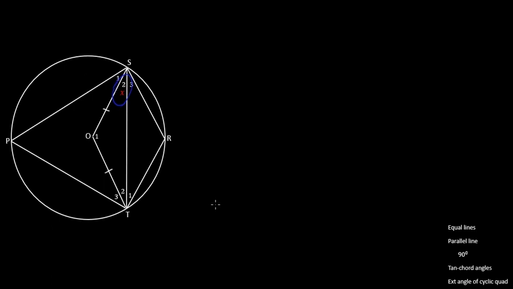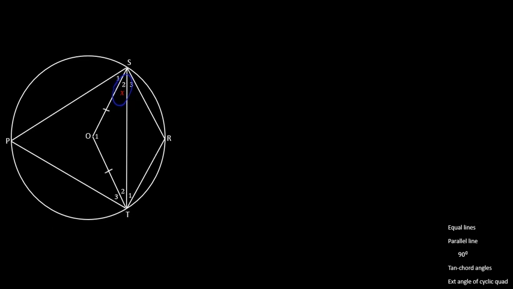Now, they want us to calculate angle O1 for 3 marks. So if it's more than 2 marks, you don't get to an angle you are looking for right away. You'll have to start somewhere else. So to say, where does S2 lead us? So S2 leads us to angle T2, since OST is an isosceles triangle.